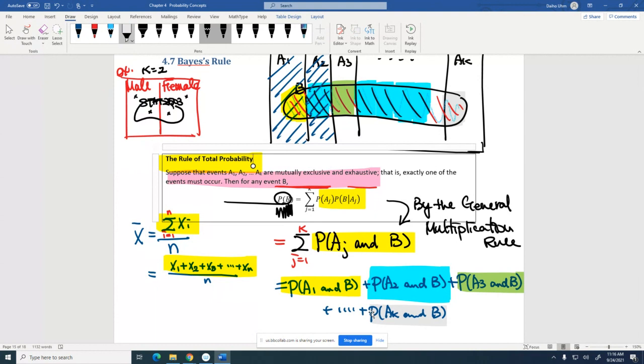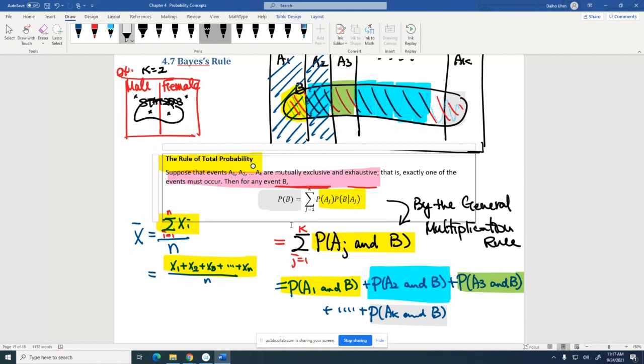Then what? Take the sum. Take the sum. Who will it be? Simply the probability of B. When we take the sum, the total probability, it will be the probability of B. It's good, right?